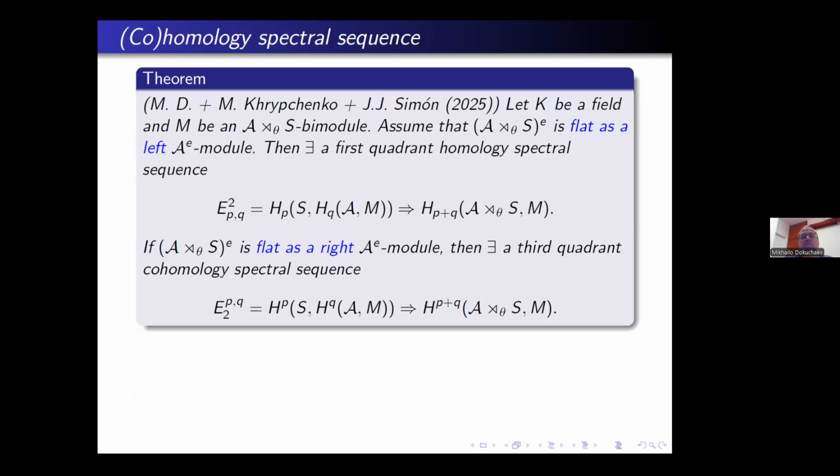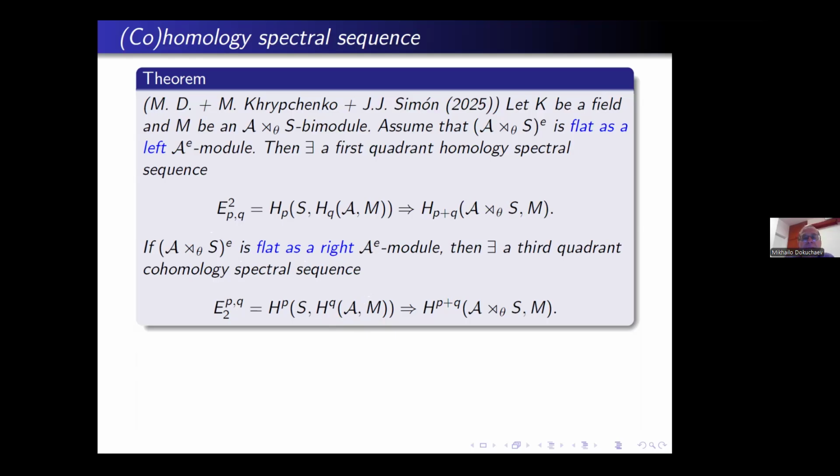And also in the cohomology case, we assume that the enveloping algebra of the cross product is flat as a right module over the enveloping algebra of A. If we don't assume this, we still have a spectral sequence, but in general we are not able to identify it with the Hochschild cohomology. It will be the right derived functor of some Hom functor.